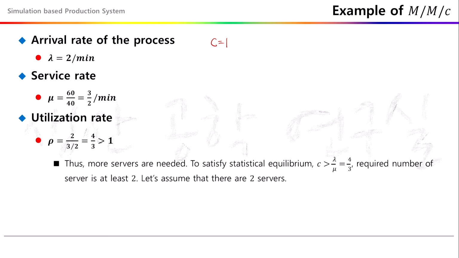So arrival rate lambda is 2 mechanics, or 2 customers per minute, and lambda over mu is becoming like this. It is larger than 1. No, not this one. Just the calculation of the service rate.